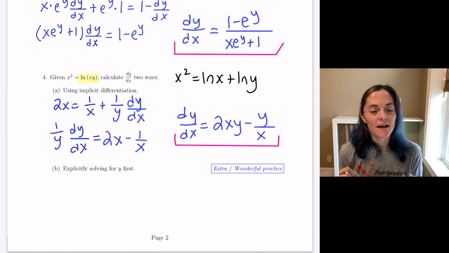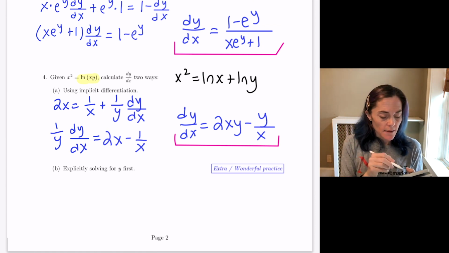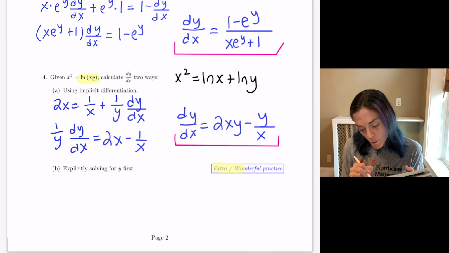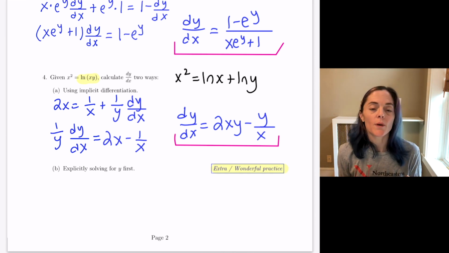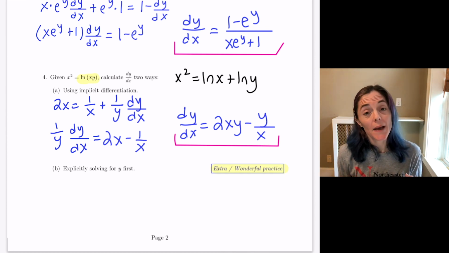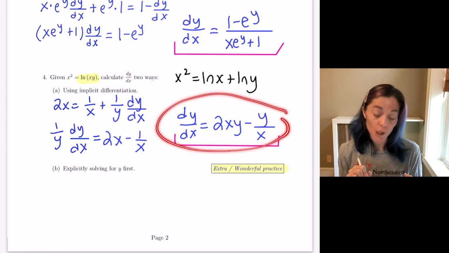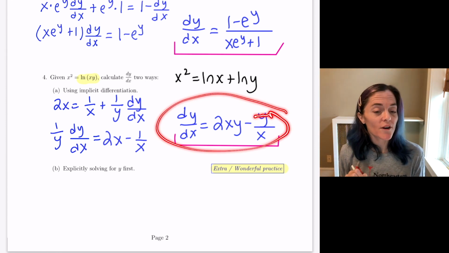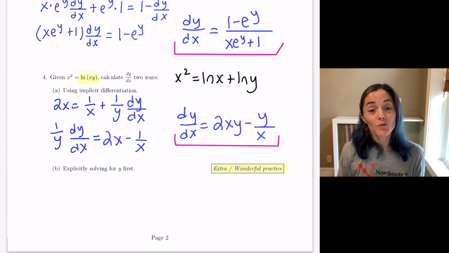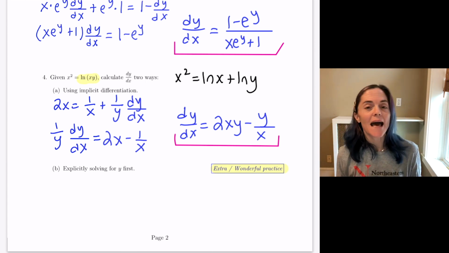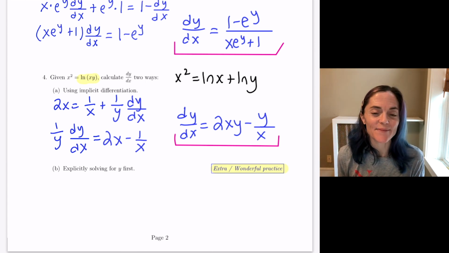Letter B. Let's do this extra, wonderful practice problem. We will calculate dy/dx by explicitly solving for y first. And note that the formula will look a little different than this, but it's wonderful practice of some of the rules for derivatives that we practiced on the first page.